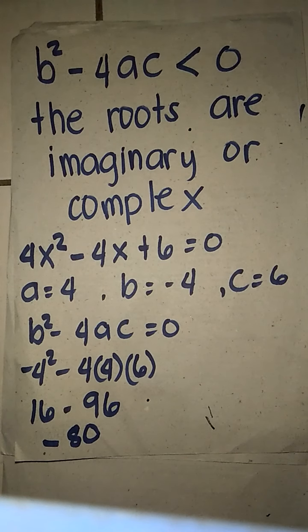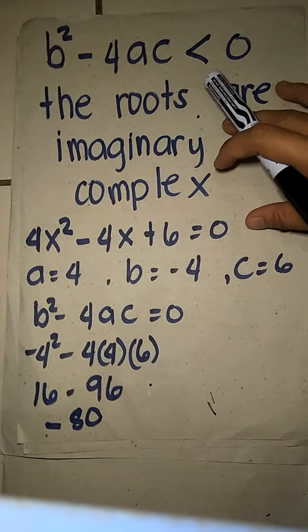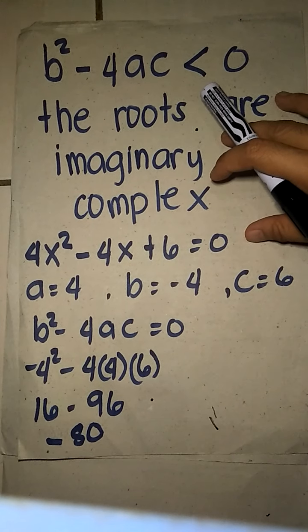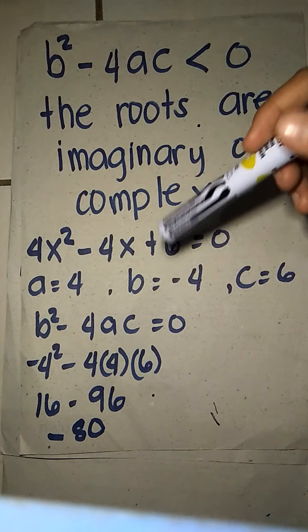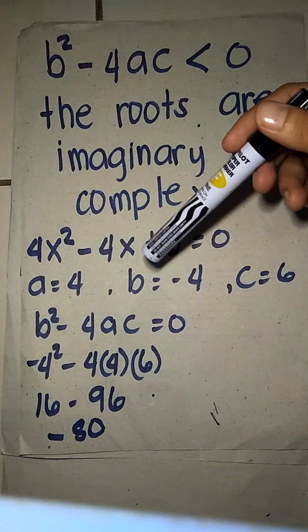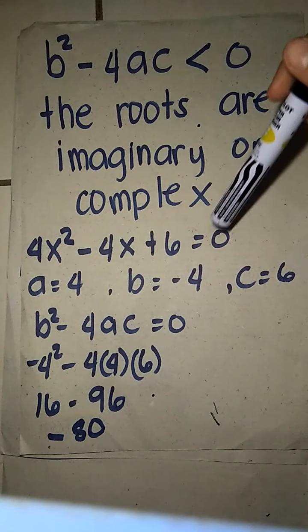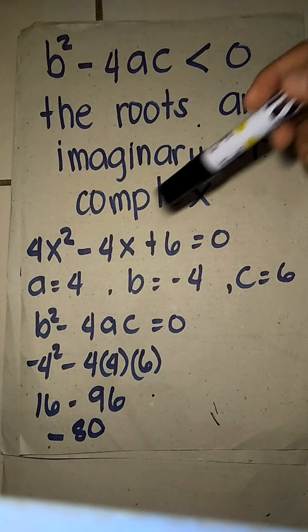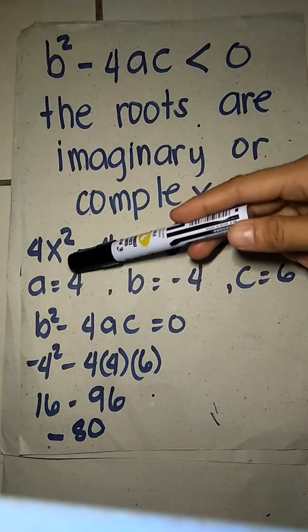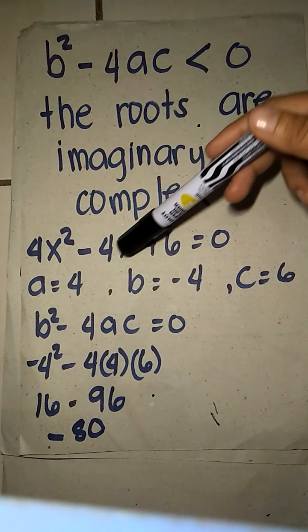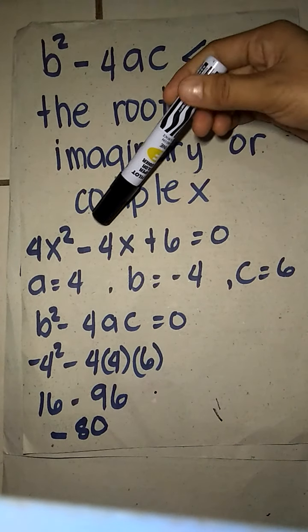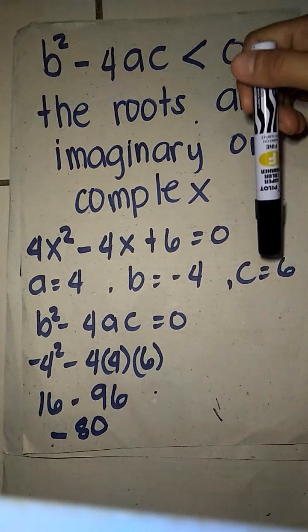Okay, next example we have 4x squared minus 4x plus 6 equals 0. So our a is 4, b is negative 4, and c, the constant, is 6.